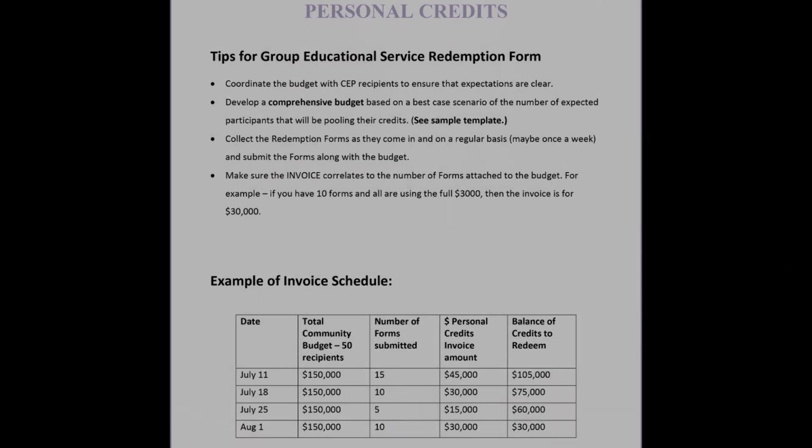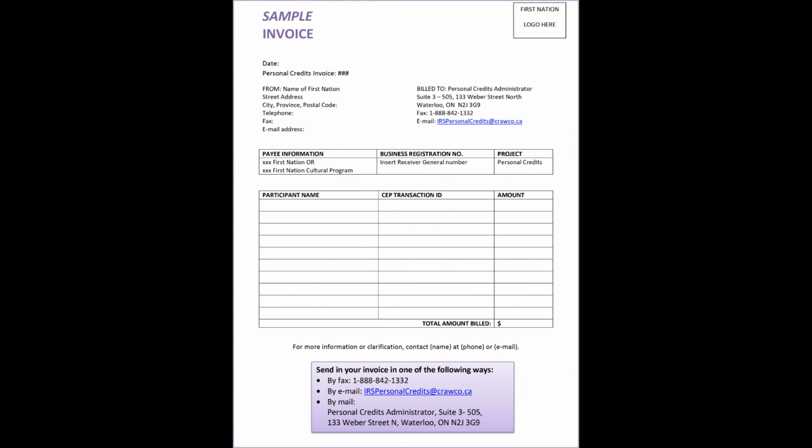So that's what they're going to do to, again, streamline this process and make it more efficient. But you'll notice on the sample invoice that you have to include a list of your participants with their CEP numbers. And then that should ensure that everything runs smoothly for you. So that's the redemption process for the group educational service option.